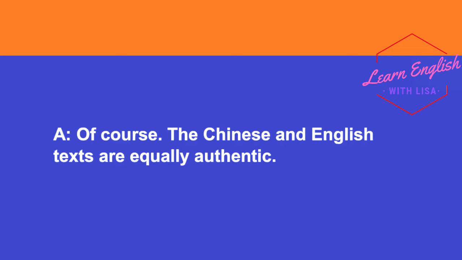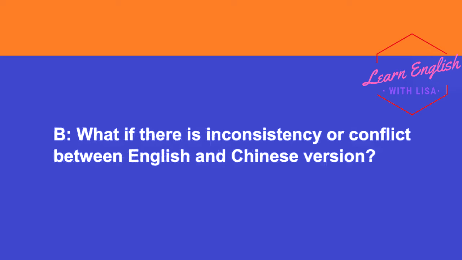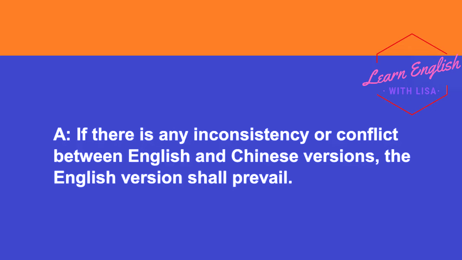Of course, the Chinese and English texts are equally authentic. What if there is inconsistency or conflict between English and Chinese version? If there is any inconsistency or conflict between English and Chinese versions, the English version shall prevail.